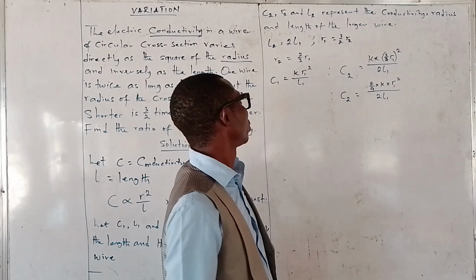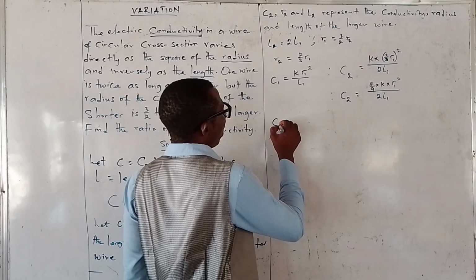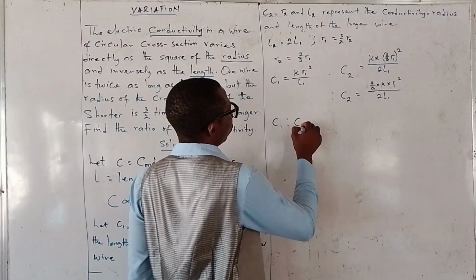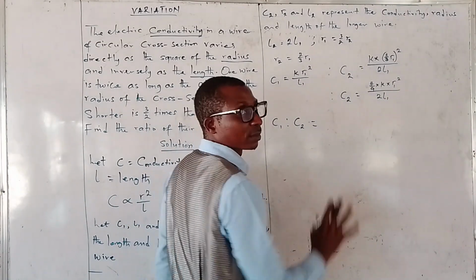Now to get the ratio, C1 to C2, that gives you this divided by this.